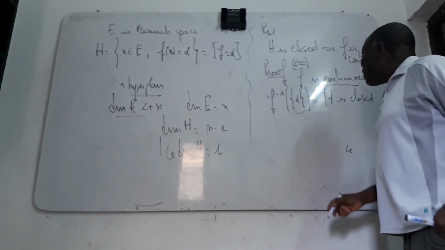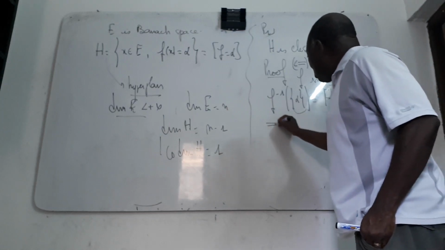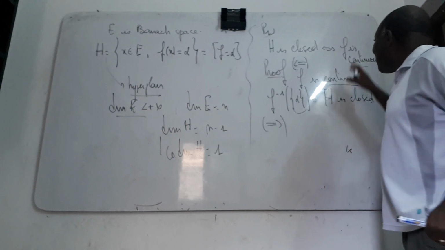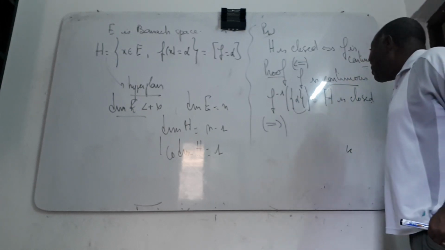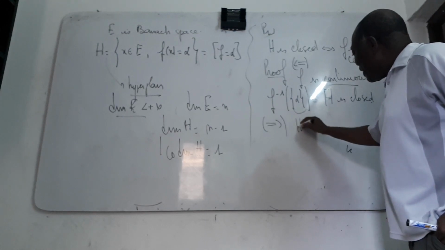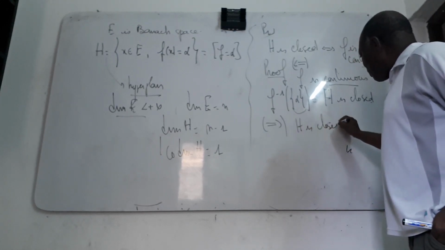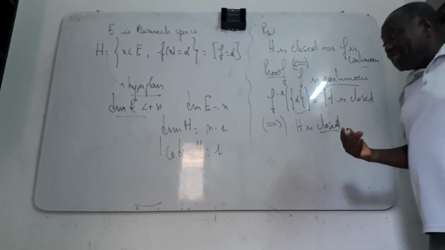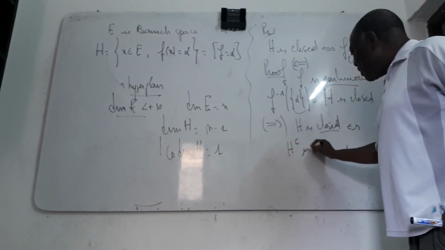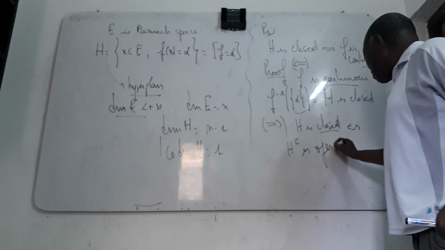It's very simple. Now we suppose that H is closed, and then we prove that f is continuous. If H is closed, that means that the complement of H is open.